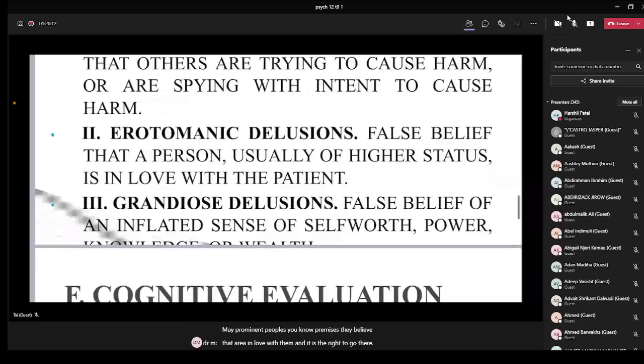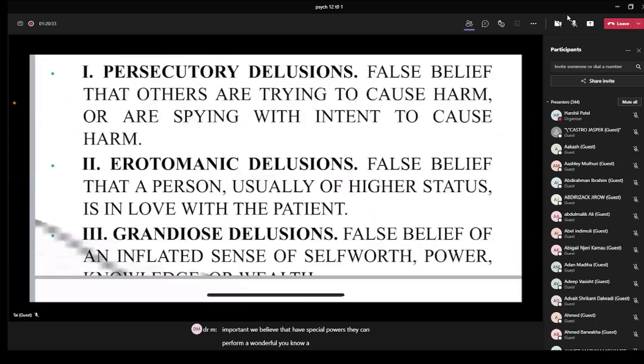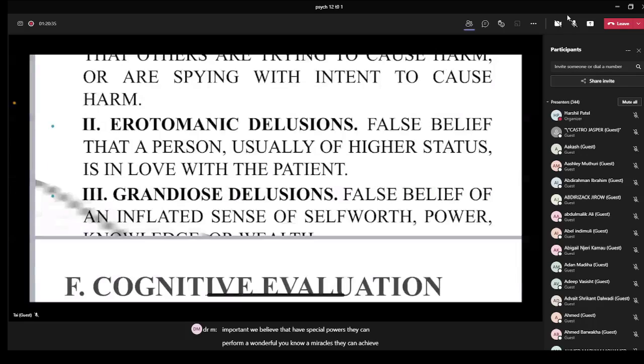Grandiose delusions, I've given an example earlier on, where the patients have an inflated sense of self-worth. They believe that they're very important. They believe that they have special powers. They can perform wonderful miracles. They can achieve something that is not achievable by the majority of the people, and so on.